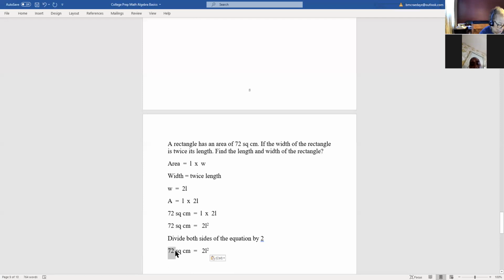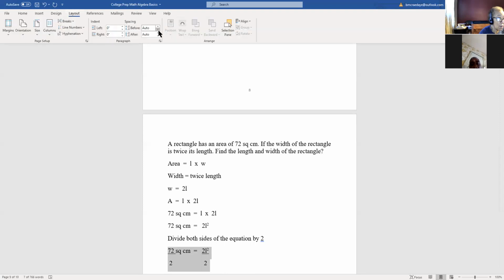So this is going to be divided by 2, right? And we're going to divide this by 2. Now let's make this a little closer so it looks like it's under.